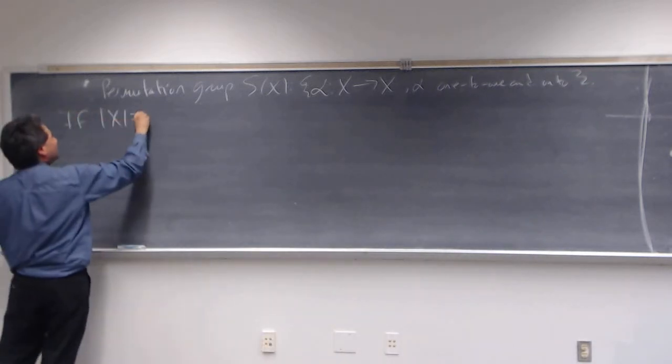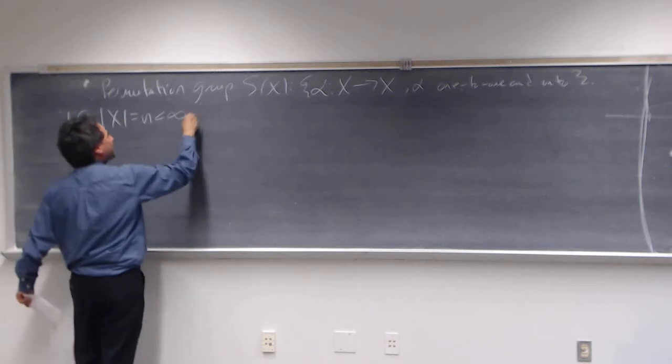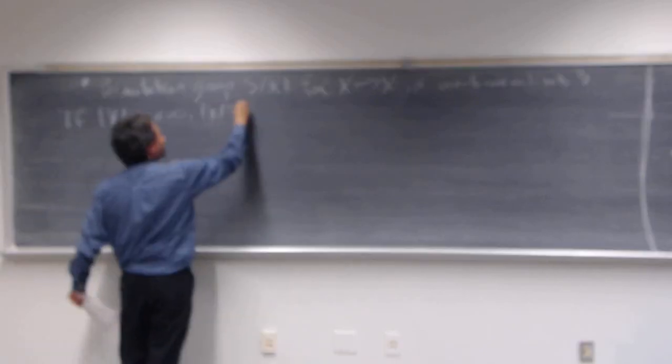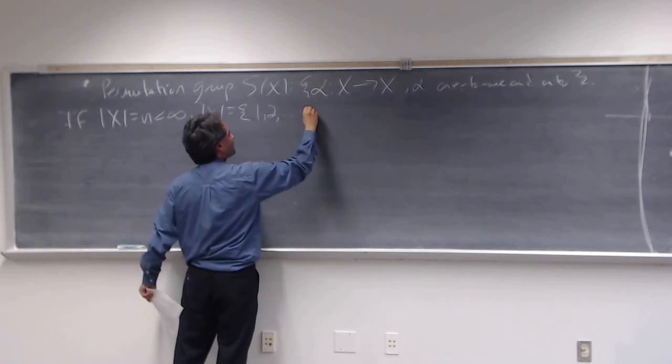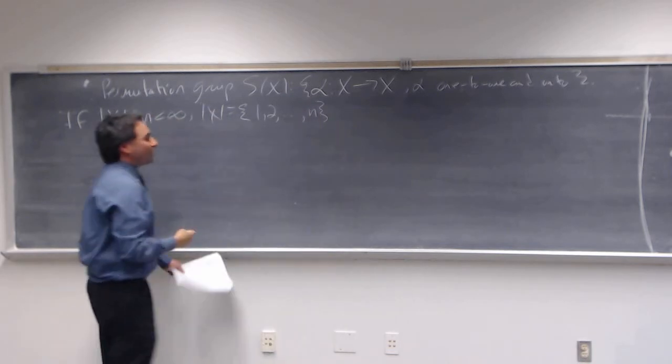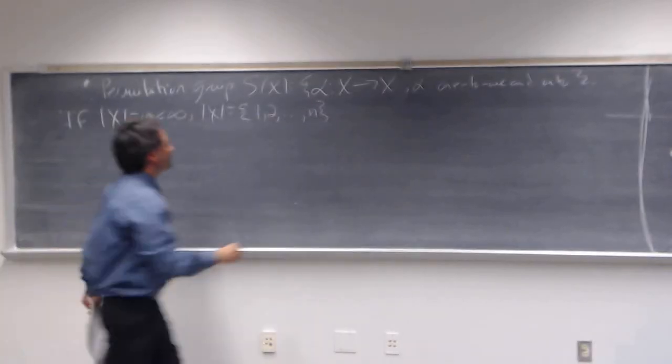If the size of x equals n, since we're only interested in the elements of the group, we might as well just label them as numbers, 1 through n, symbols.